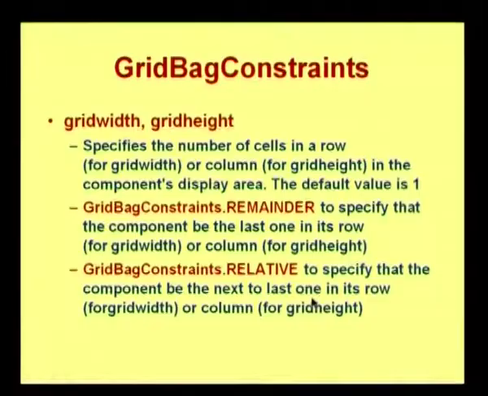Already I would have added a component, or I may not have added the component, but whenever I place this component, it will be placed at the remainder of that particular row. It means that it is added at the last of the row that you are trying to add now. And then if I say relative, this is nothing but specifying the component to be next to the last one in its row or column. So I place that before my last element.